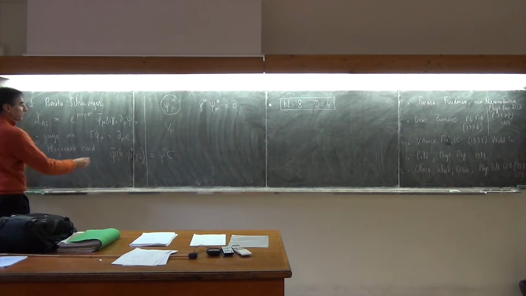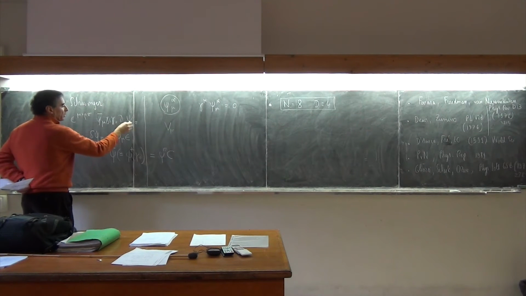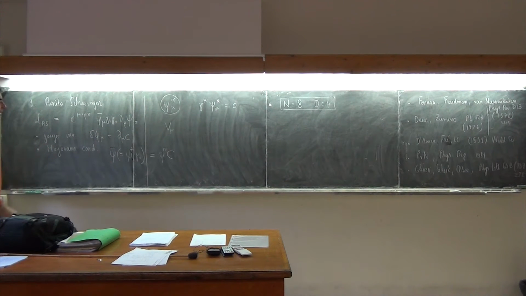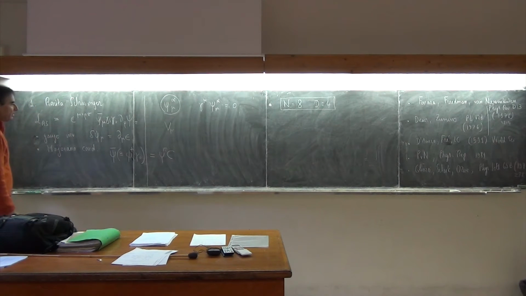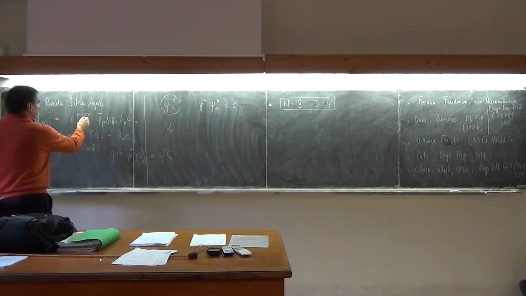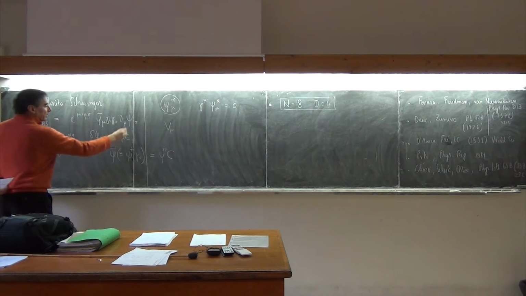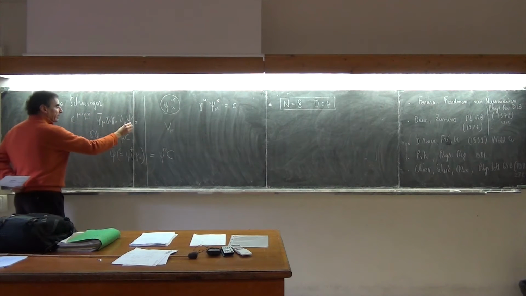And then you see here that if you insert this here, you need to vary only one of these fields. If you vary psi sigma, because of the antisymmetrization of rho and sigma, this is in fact invariant. That is, you should vary here and you should vary here.